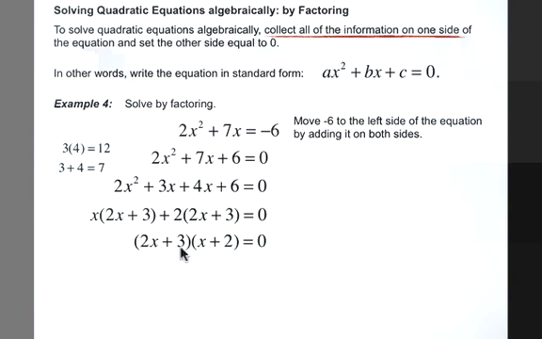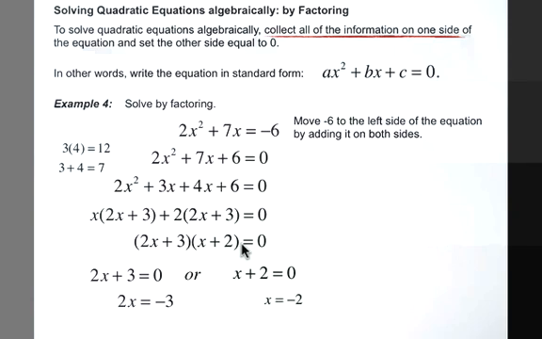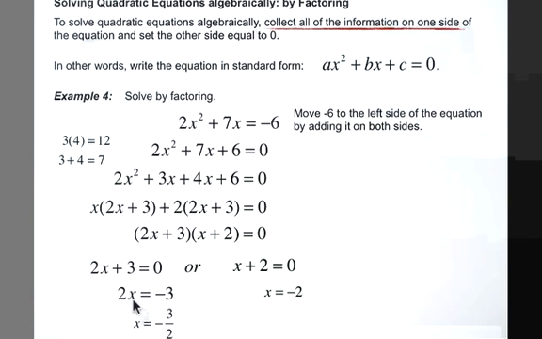So 2x plus 3 times x plus 2 is our factors. So 2x plus 3 has to equal 0, or x plus 2 must equal 0. So x equals negative 3 over 2, or x equals negative 2. So our solution is x equals negative 1 and a half, or x equals negative 2.